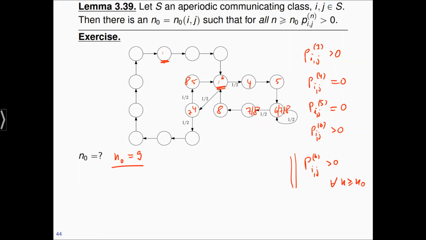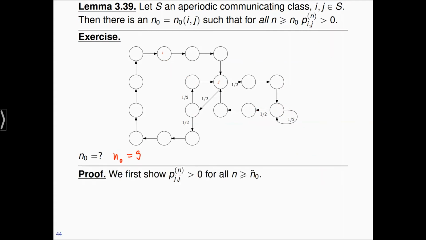And after 9 steps, if you go this way, you can be here, and you can also come this way. By taking this loop, you can be back at j after 9 steps or after 10 steps. You can just go for an extra round here and see that for any n greater or equal 9, you can be back at j.